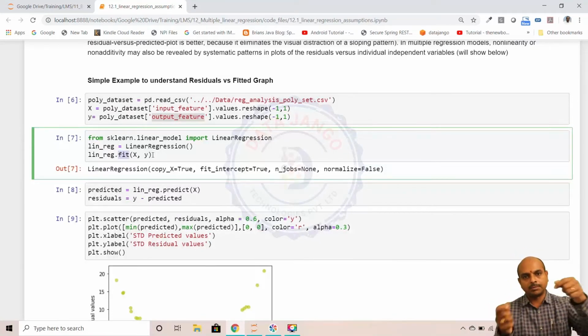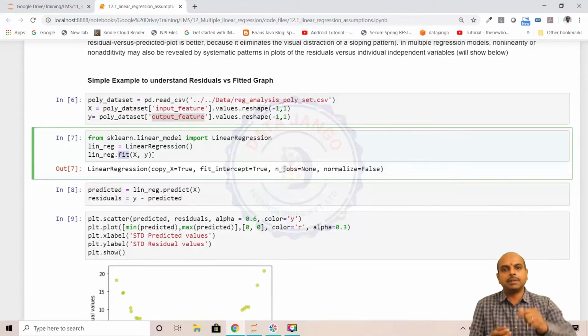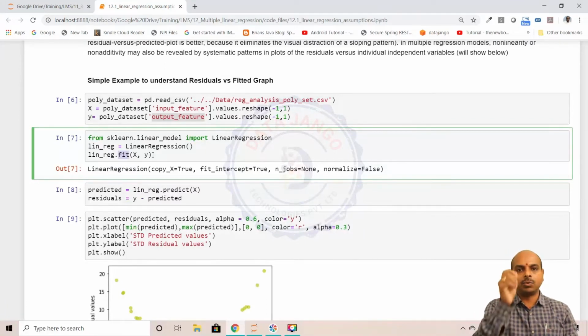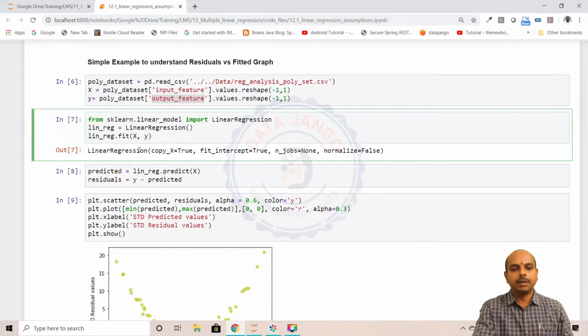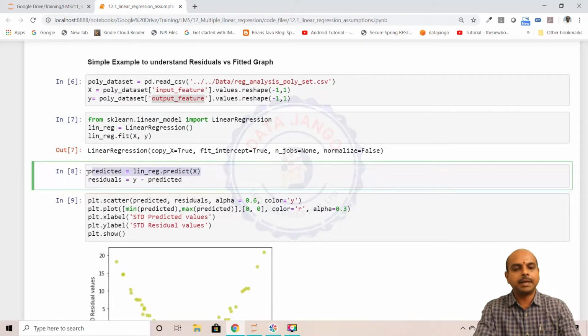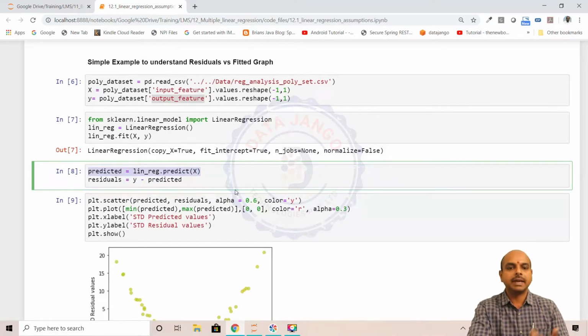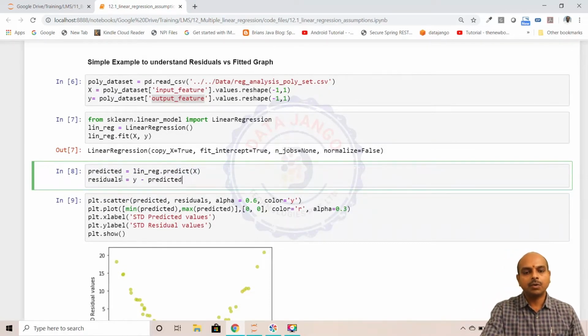It forms all the equations and solves all of them at once and finds theta, the coefficient to x, to find out y. So we built a model there, and then we passed x and predicted all the y caps. Now I have the predicted value, I have y, and I subtracted my predicted value from y. I got the residuals or the errors.